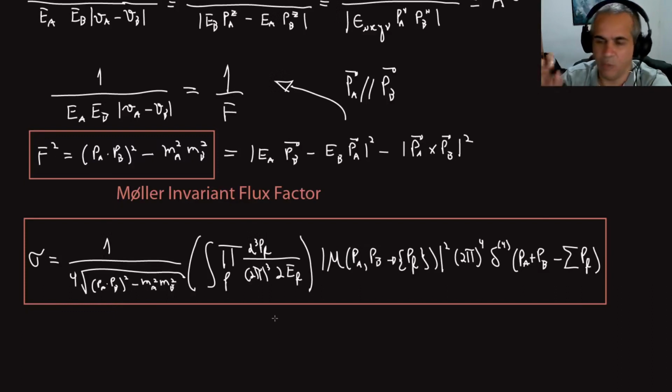One important thing here is to pay attention to these integrals, right? Because I'm integrating over all momenta. That means if you think only of the direction of momenta, I'm integrating over the whole sphere, right? I'm taking all the directions this momenta can go. But that is tricky if I have identical particles in the final states, right?